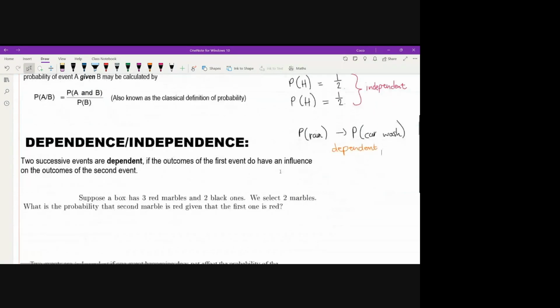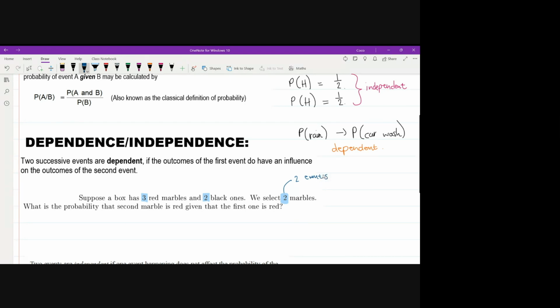So let's look at this very simple example over here. It says, suppose we have a box that has 3 red marbles and 2 black marbles. We select 2 marbles. So this selecting of 2 marbles gives us the number of events. This tells us that there are 2 events that will take place, right?